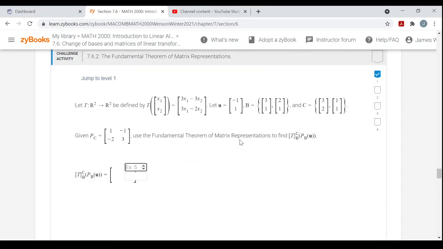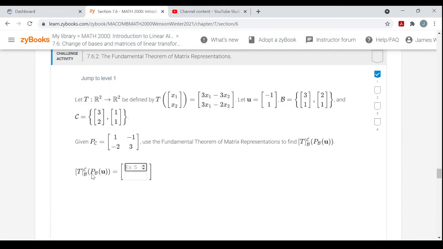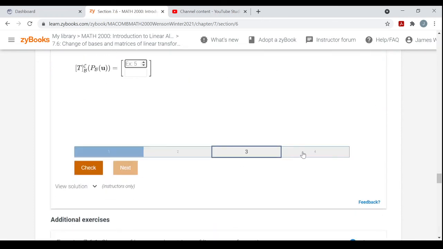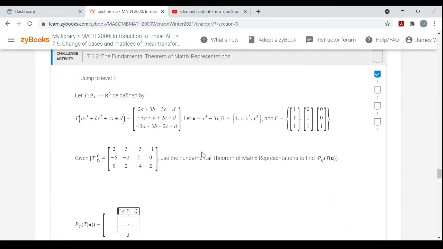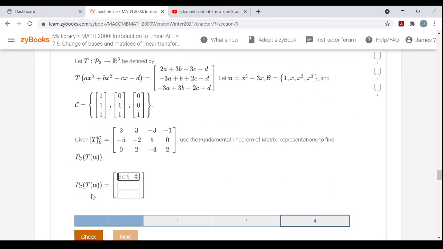Third level is, if you had that matrix representation, which you found in the first half of this video, how to find that, multiply it by PB, and then multiply it by U, where U is negative 1, 1 here. What's the resulting vector? Those should be coordinates relative to basis C. All right, and the same thing here.